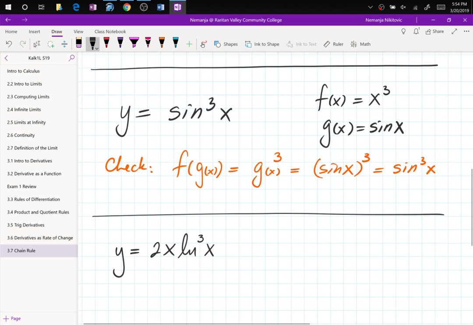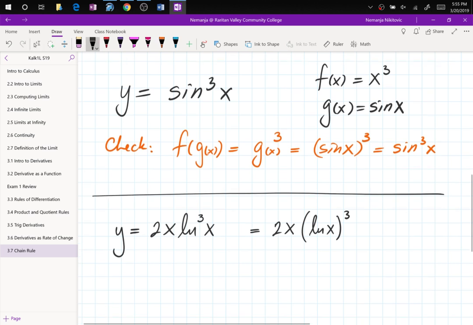What I have here is something that we can rewrite using algebra as 2x times (ln x) cubed. The 2x is multiplied into the second factor, which is ln x cubed, and this would be a product rule, right? Because you have multiplication. But then you have this ln cubed part, and that's the part that would be chain because you have two functions.